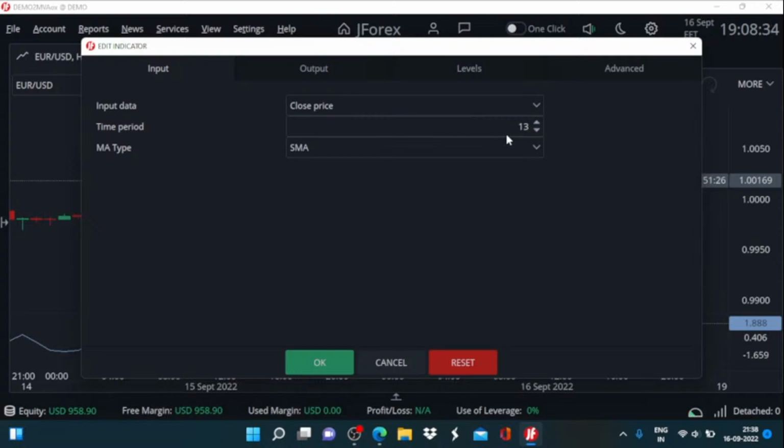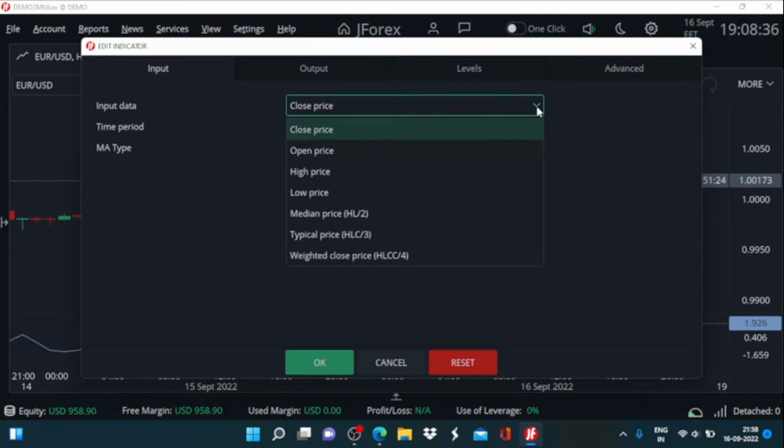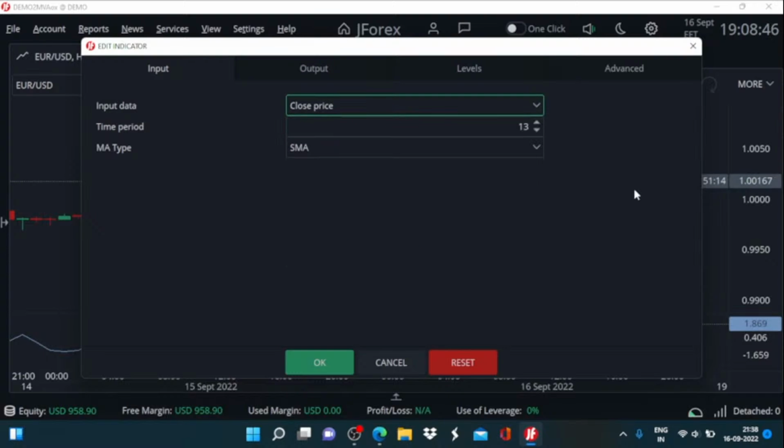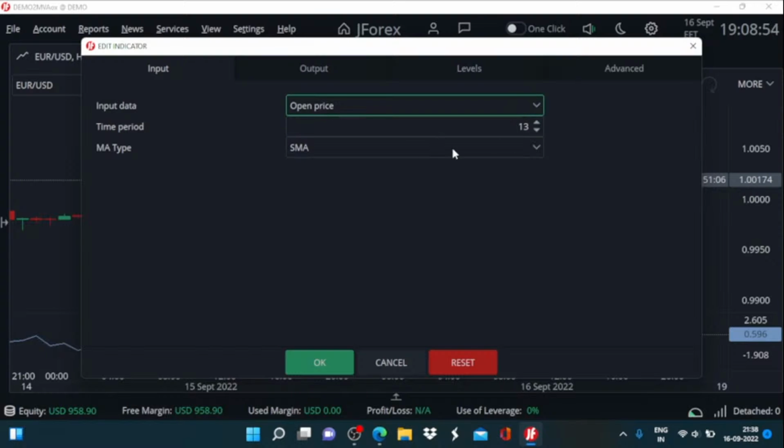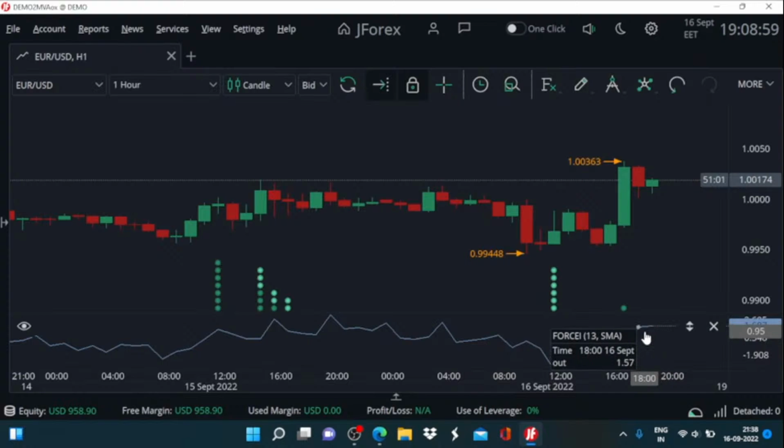We have this applied price which can be varied. We can go for closing price, open price, high price, low price, median price, typical price, weighted close price. So all these various applied prices are available for us to opt in for the calculation of this indicator. Suppose you want the open price to be applied for the calculation of the force index, then you have this difference.